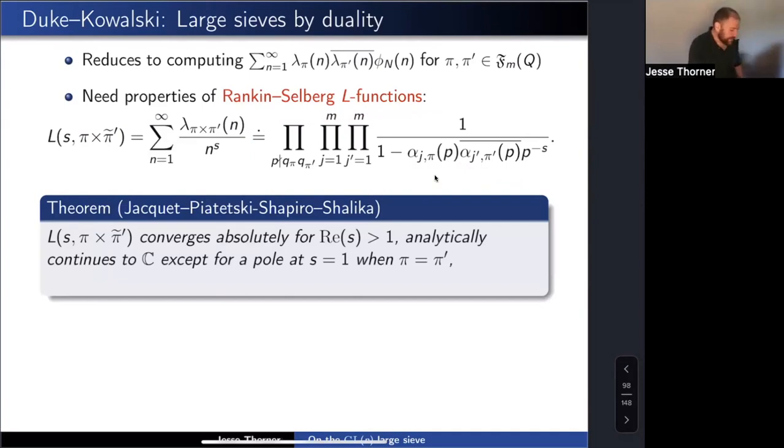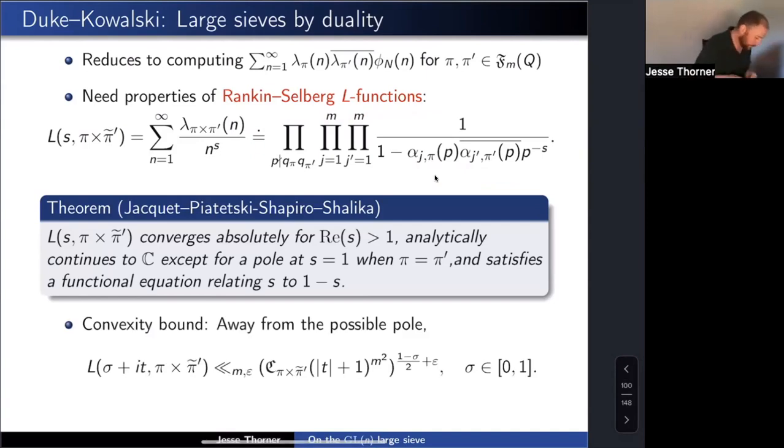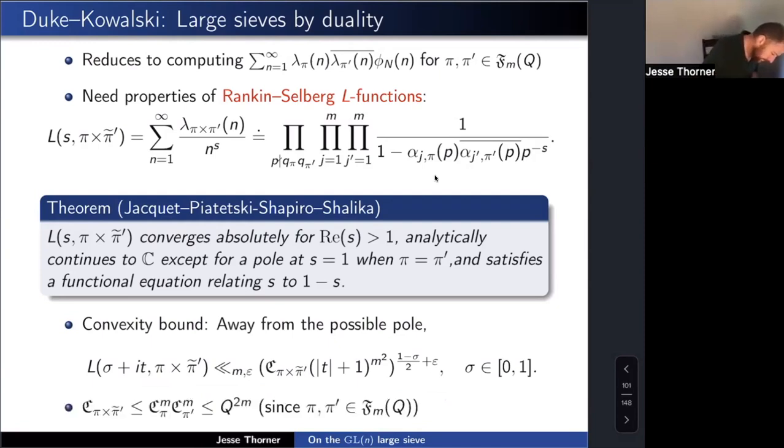They analytically continue to the whole complex plane apart from a possible pole when pi equals pi prime, and satisfy the functional equation relating s to 1 minus s. We have a convexity bound, so we can estimate these Rankin-Selberg L-functions inside of the critical strip. And we can bound the analytic conductor for these Rankin-Selberg L-functions in terms of the analytic conductors for pi and pi prime.